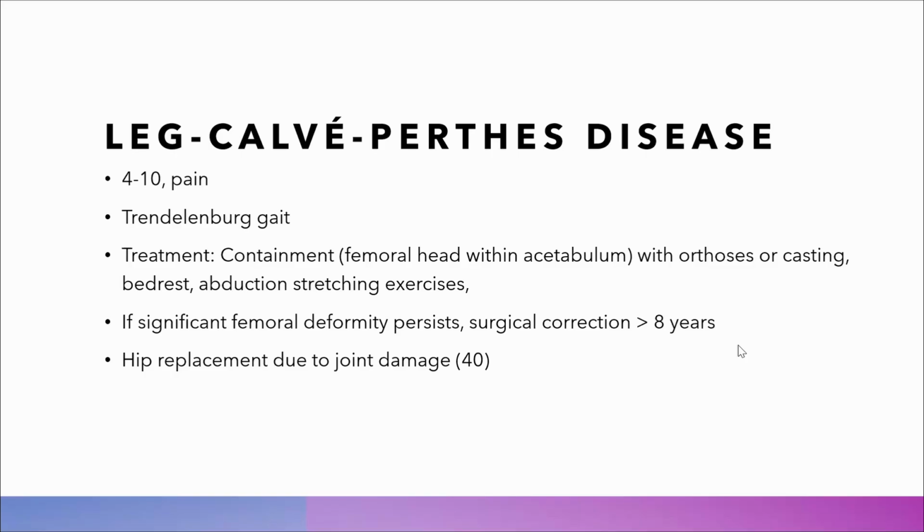So we need to contain the femoral head within the acetabulum with orthosis, and make sure to correct any residual femoral deformity surgically, okay? Usually these patients will have hip replacement early in life because the joint is damaged, but we're trying to save whatever is there as much as we can at the time of presentation.